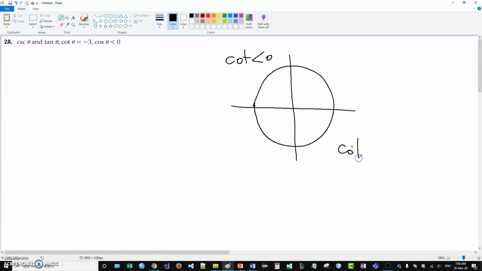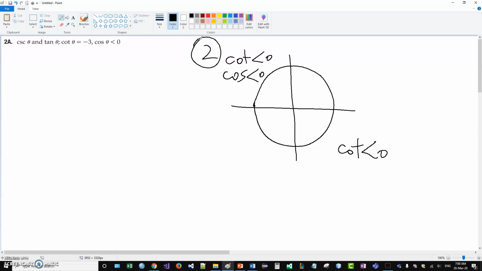Same here, cotangent is negative. And since cosine is negative, right here, cosine is negative. So we're talking about quadrant 2. Okay, this is very important.